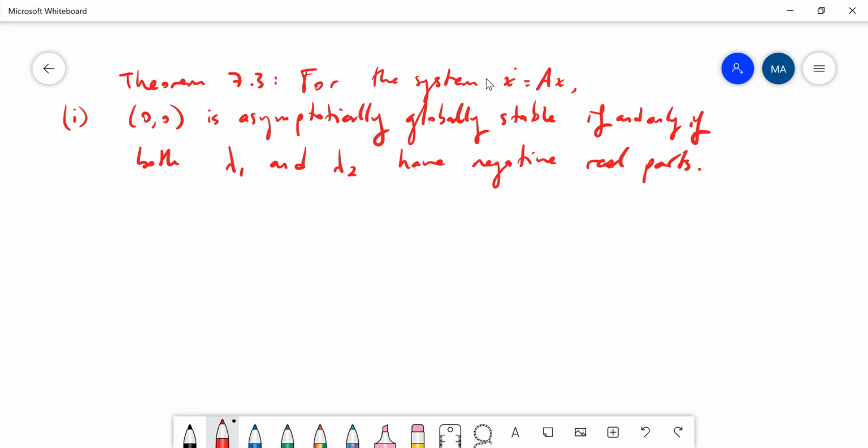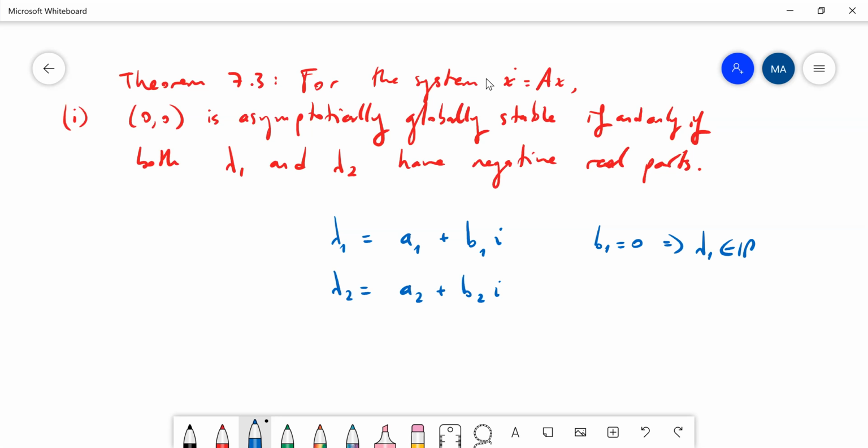So what does it mean? In general, you write your lambda 1 as A1 plus B1 i, and lambda 2 as A2 plus B2 i, right? Of course, if B1 is equal to 0, lambda 1 is real. If B2 is equal to 0, lambda 2 is real, not complex. But here, I give you the global stability result as an if and only if statement. So it requires both lambda 1 and lambda 2 to have negative real parts.